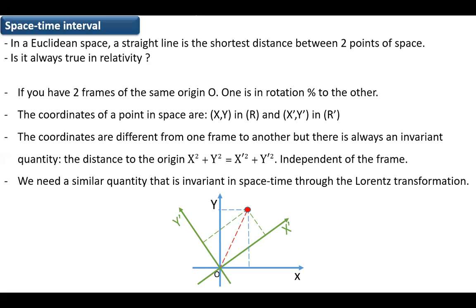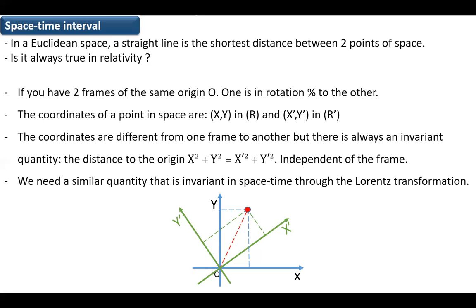Is it invariant in space-time? We need a similar quantity. We need a quantity that is similar to x squared plus y squared, and we need it to also be an invariant of space-time. Because if you are making a physical law, you need it to be an invariant. You need it to be independent of the frame. Otherwise, it would not be a physical law. If you need to make a law of physics, you need invariance.